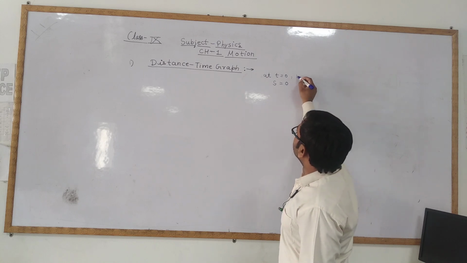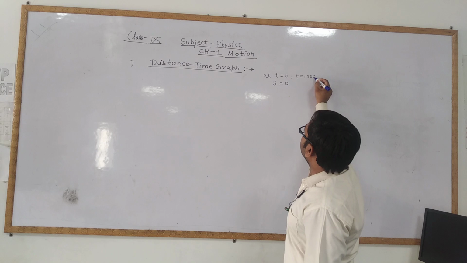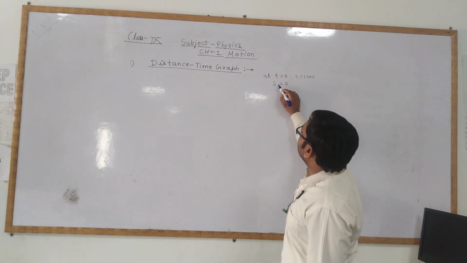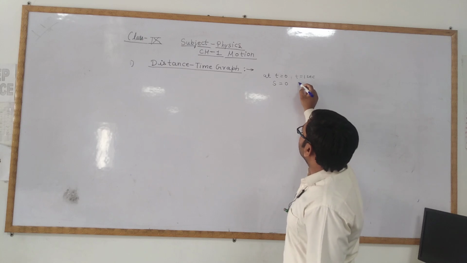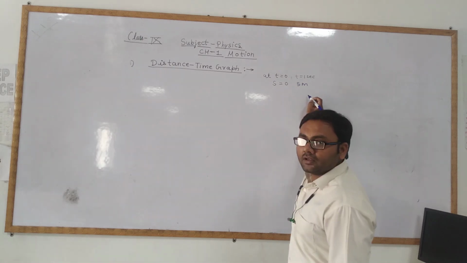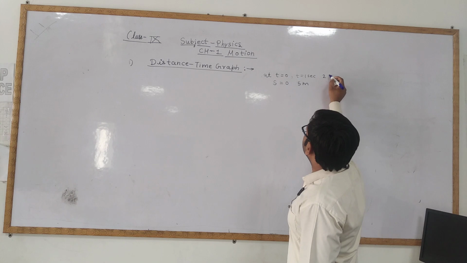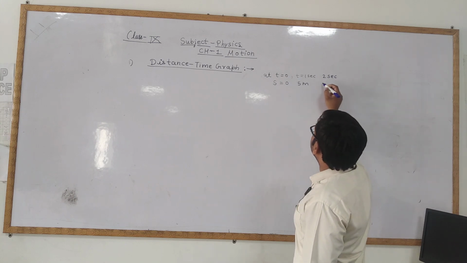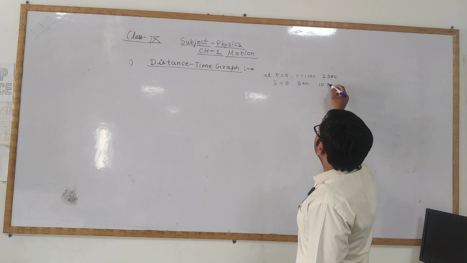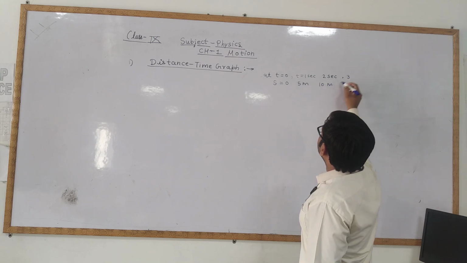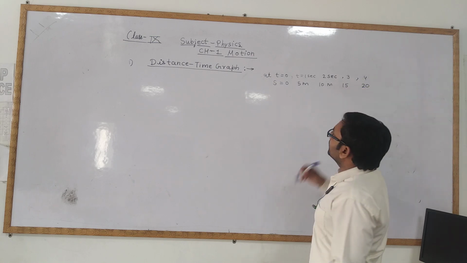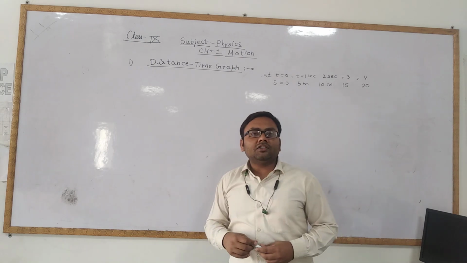Suppose at time t equals 1 second, the distance covered by the body becomes 5 meter. After 2 seconds, it becomes 10 meter. After 3 seconds, the distance becomes 15. After 4 seconds, the distance or displacement becomes 20. In this way the object is moving.